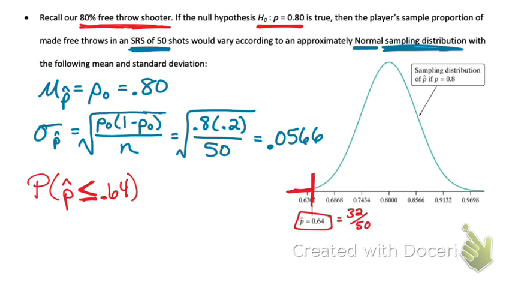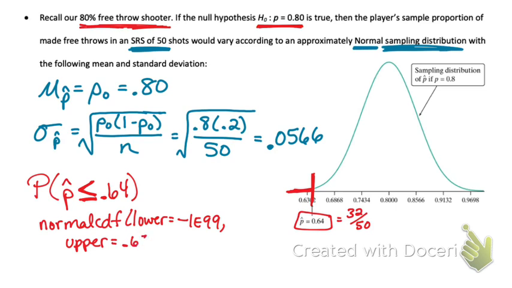How would I do this problem? Normal CDF. Please go to normal CDF. What is your lower boundary? Negative infinity. What is your upper boundary? His sample proportion. His sample proportion is the boundary for that area.